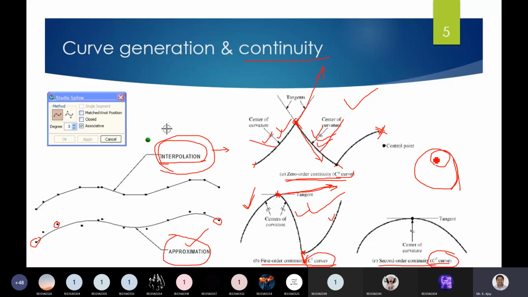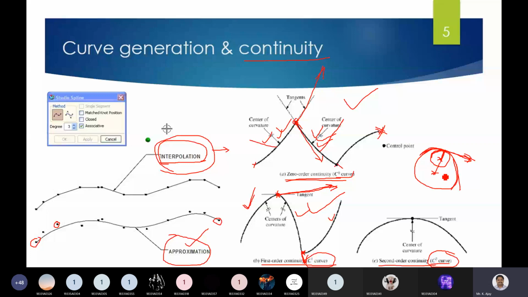So if you consider this as one curve, and this as the curve of the bigger circle, at the common point the tangent direction may be the same, even for the bigger circle the tangent may be the same, but the radius of curvature is small for the small circle, whereas the radius of curvature for the bigger circle is something different.